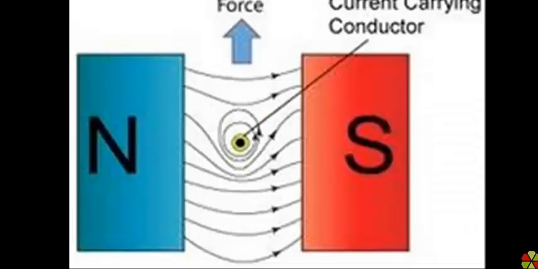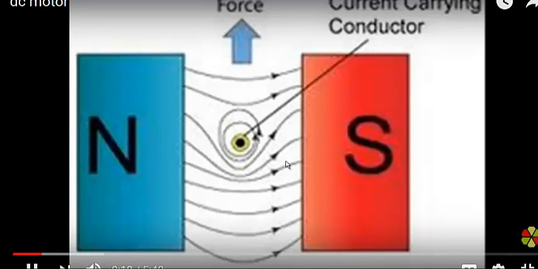So this is just going back to talking about how a DC motor works. Let's stop on this slide and explain what's going on. We have two permanent magnets, and without the wire in the middle the magnetic field lines are just straight lines.